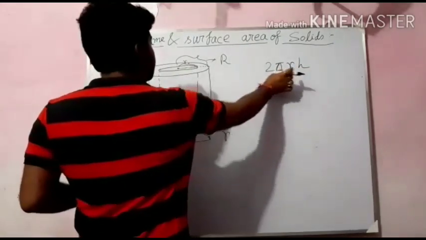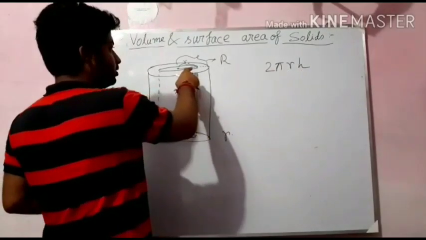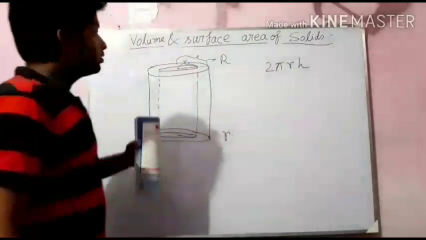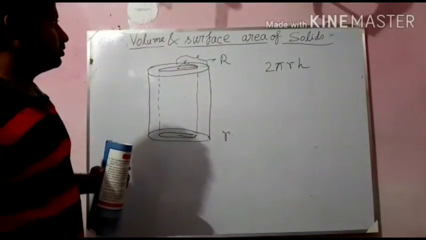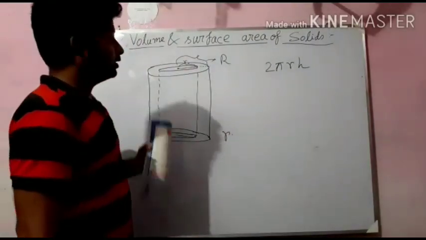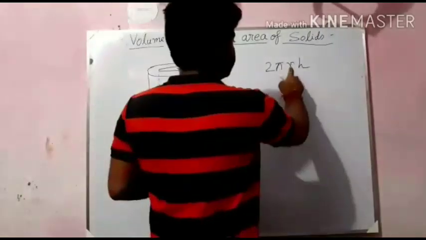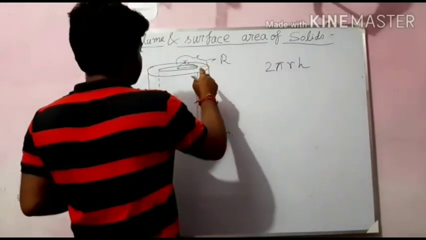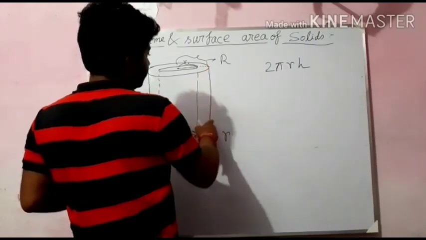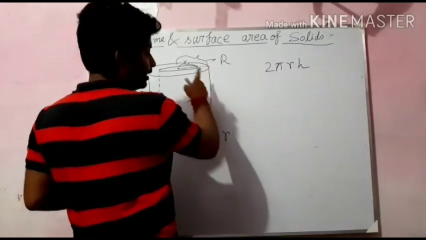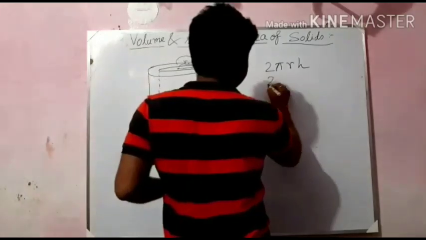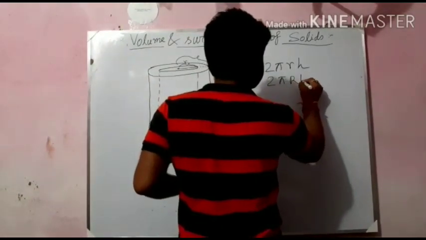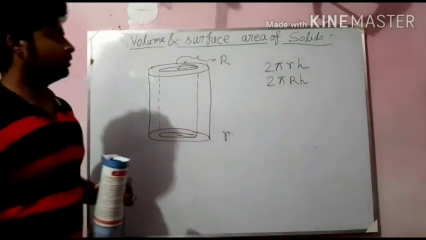Here small r is the radius for the smaller circle, so this is the curved surface area of the inner cylinder with the smaller radius. And now the curved surface area of the larger cylinder will be 2 pi RH, right?